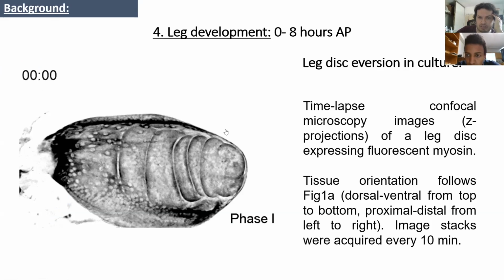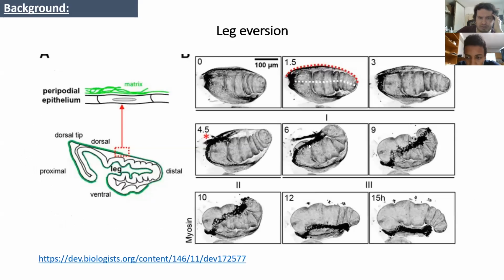So let's continue. This structure in green that you see here is the peripodial membrane, which they are breaking. And in the movies that you're going to analyze, I have pieces of the first 12 hours. I'm going to send you ones that are after 15 hours.